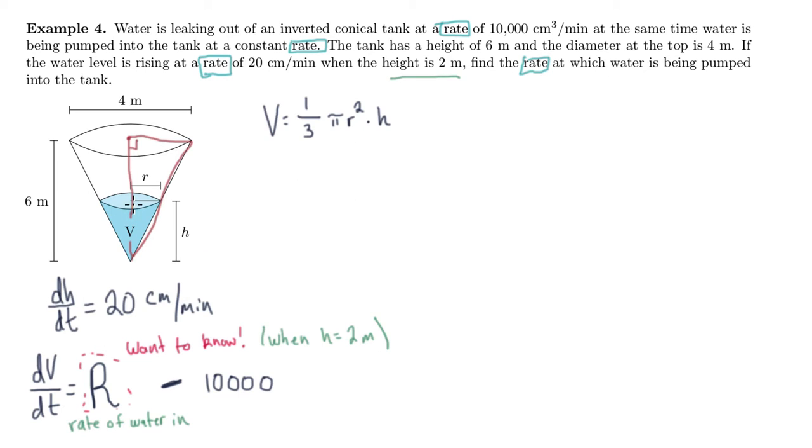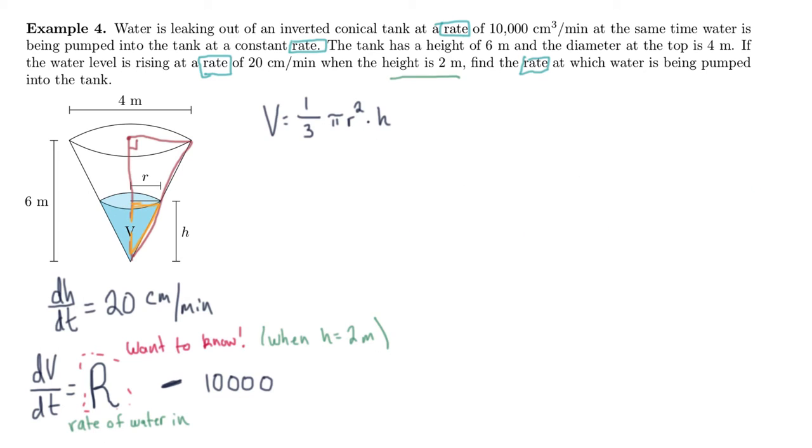And then if I look right here, I have another triangle. And you can probably guess that these two triangles are similar. So actually r is determined by h and h is determined by r because of the dimensions of the cone. Whatever h is, I can figure out what r is because I'm living in a conical reservoir.